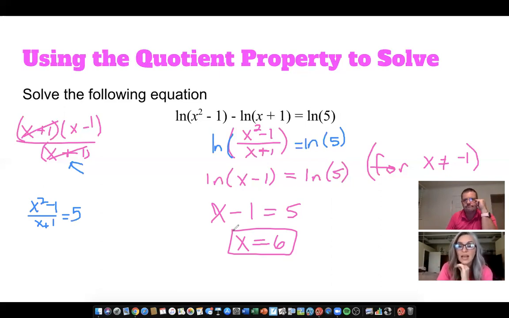And the answer is yes, you would get 6. You would get another solution too, though, and that solution wouldn't work. And so you would have to just make sure you go back and check your solutions, like he did at the end. So if you didn't factor, it's no big deal.